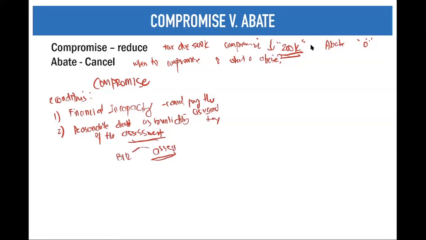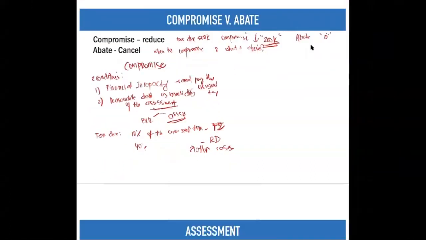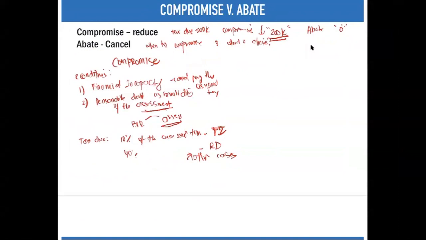So once you compromise, what is the effect? It will reduce the tax. What is the reduction? The tax due will now be 10% of the assessed tax for financial incapacity, and 40% of the assessed tax if there is a reasonable doubt, and other cases. Okay? So again, there are two conditions, financial incapacity and reasonable doubt.